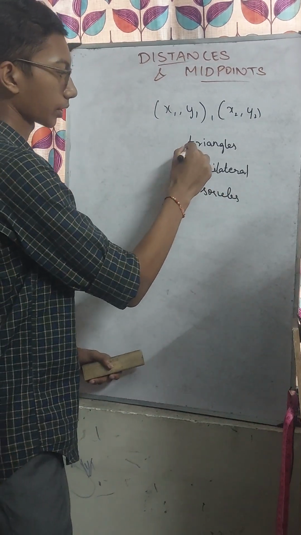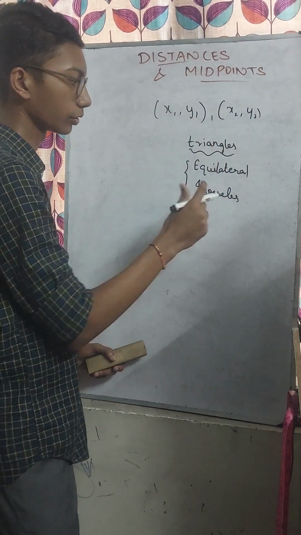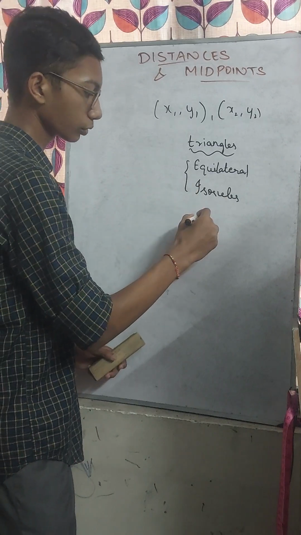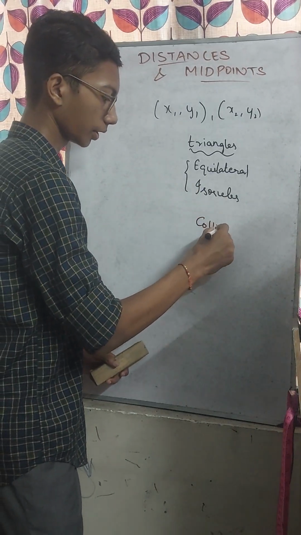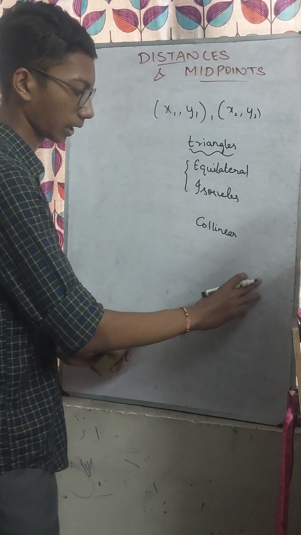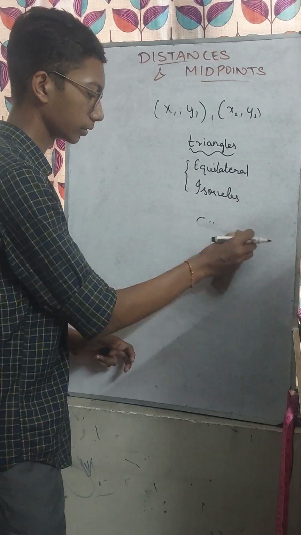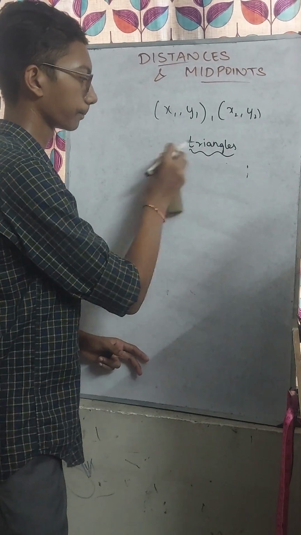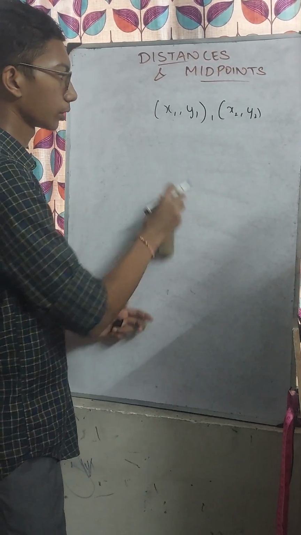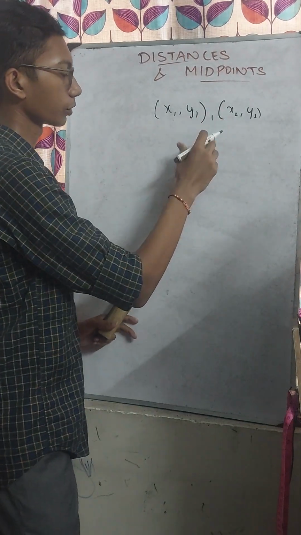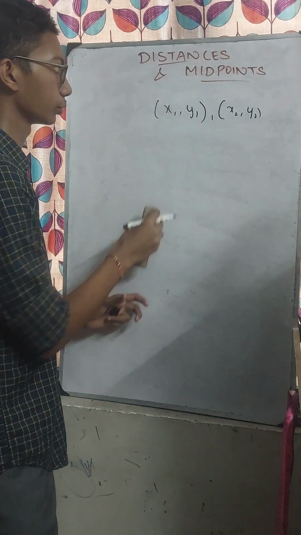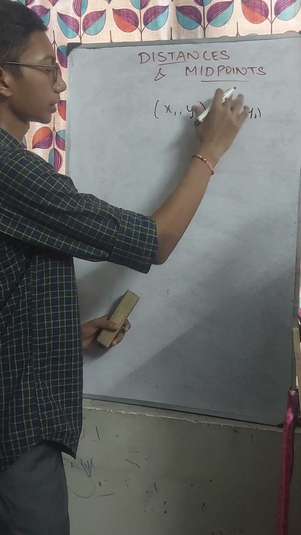Also, when you are dealing with collinear points, that is straight lines, the distance will also be helpful. So whenever you are given 2 points and asked to find the distance, that is the formula you must use.